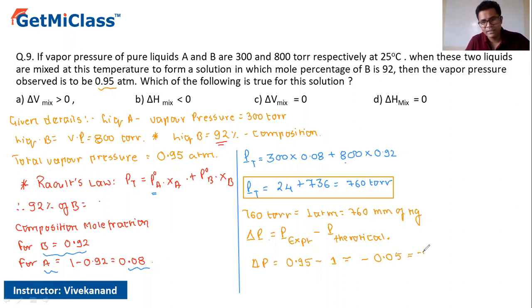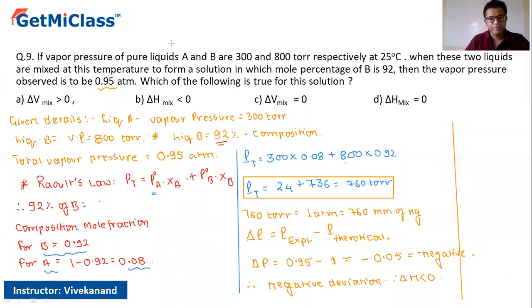That is showing a negative value. So it exhibits a negative deviation from Raoult's law. Therefore, delta H of mixing is going to be less than 0. This is the first point.